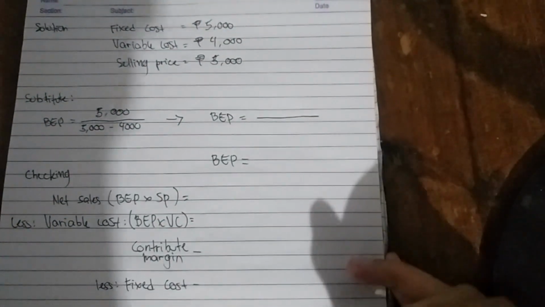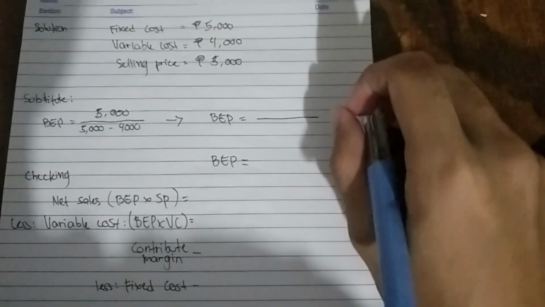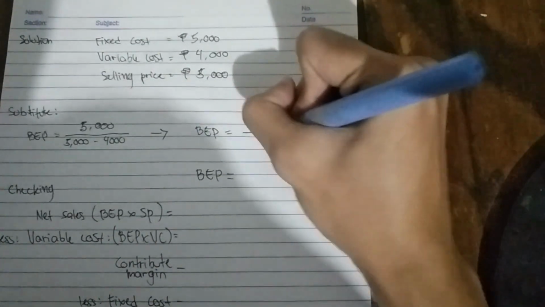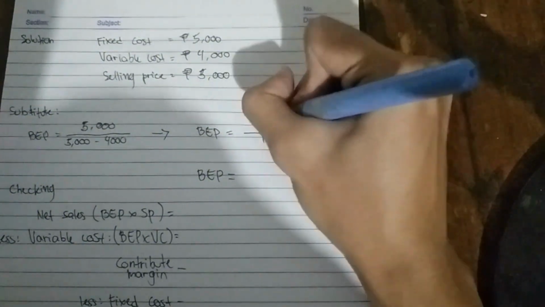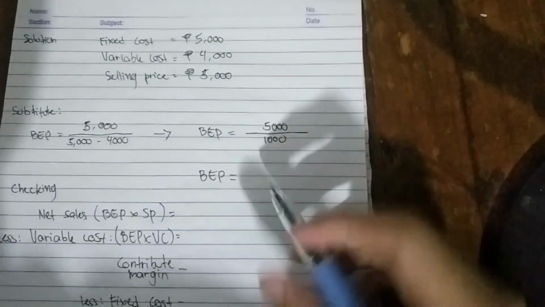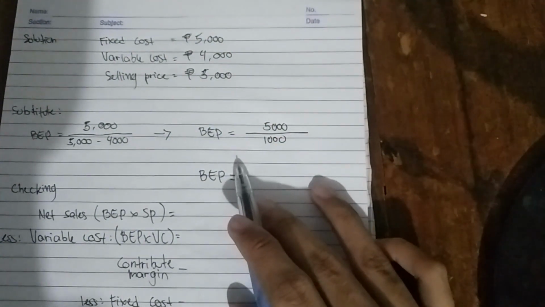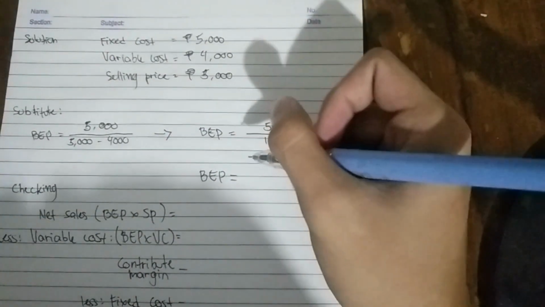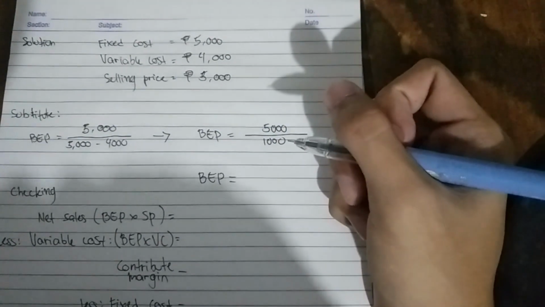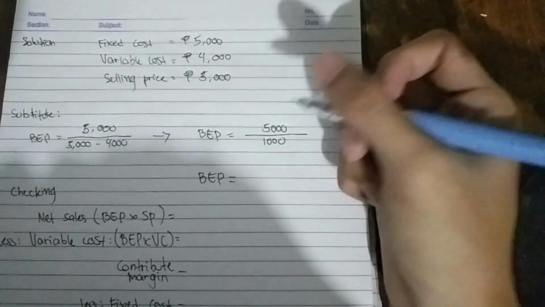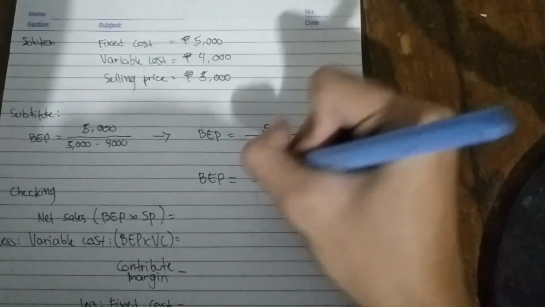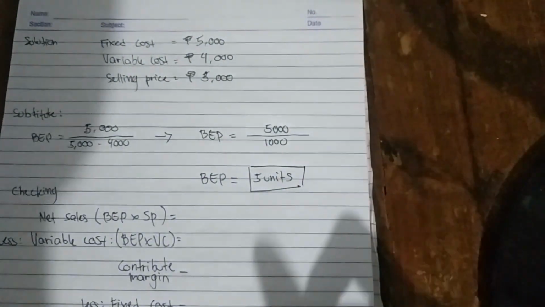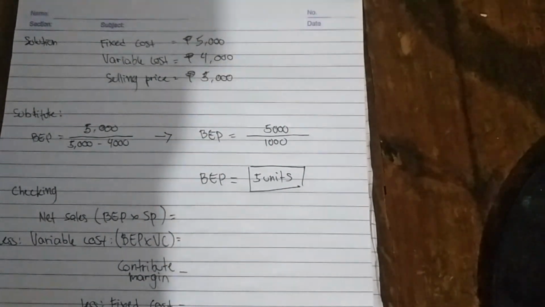Again, ayusin muna natin ang denominator. 5,000 minus 4,000, you'll get 1,000. Now you have this. BEP equals 5,000 divided by 1,000. You'll get 5 units. Now you have your BEP na 5 units.